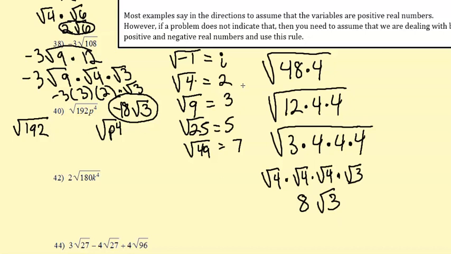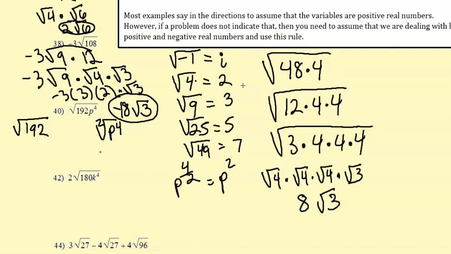Now for the variable, we have p to the 4th power. We'll rewrite this as an exponent, p to the 4 over 2. We write a 2 in the denominator because a square root has an index of 2. The index will always go in the denominator of your exponent. 4 divided by 2 is 2 with no remainder.